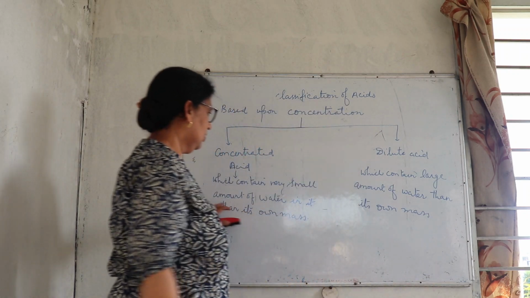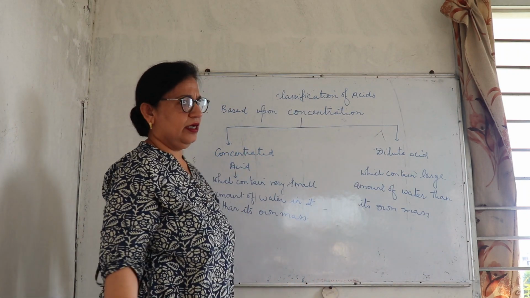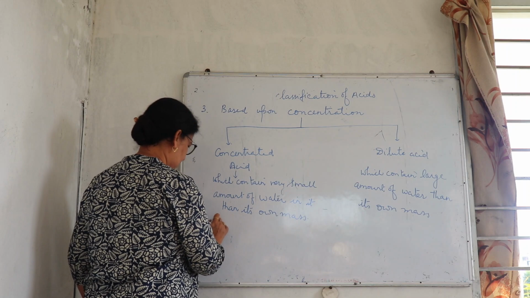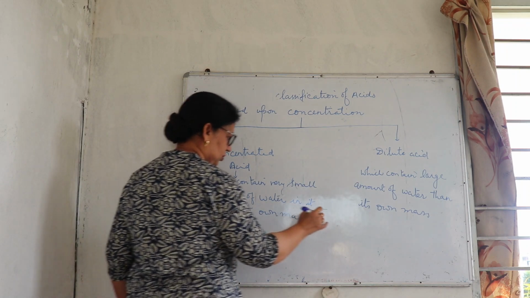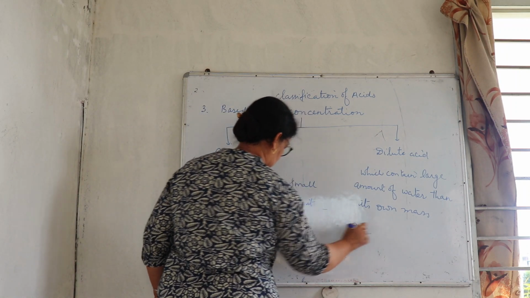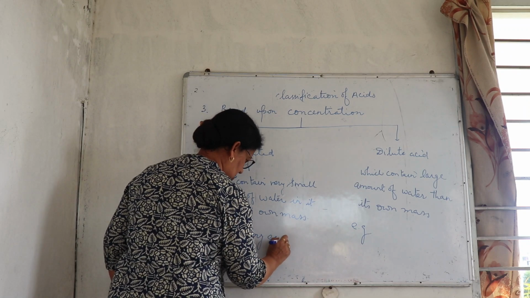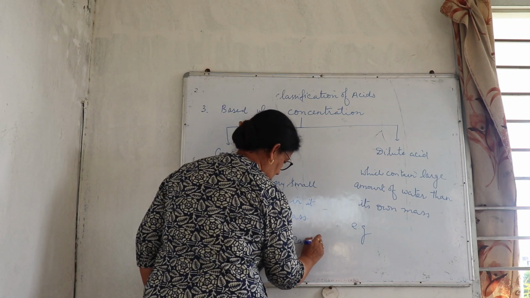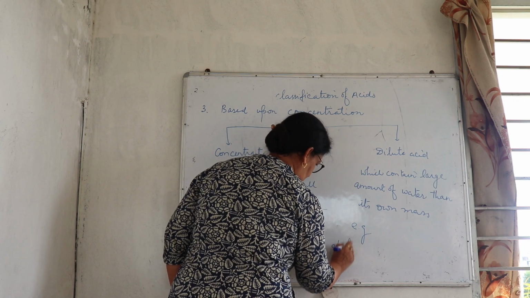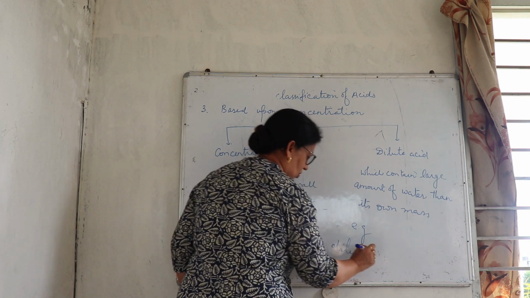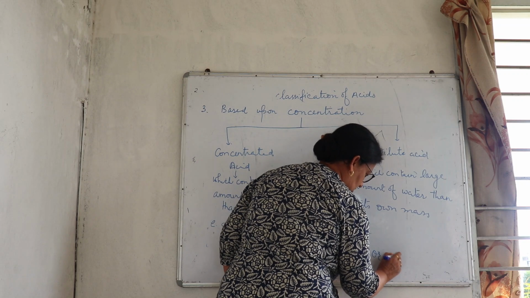So there is no particular example for concentrated acid and dilute acid. Example for both: any acid can be dilute or concentrated.